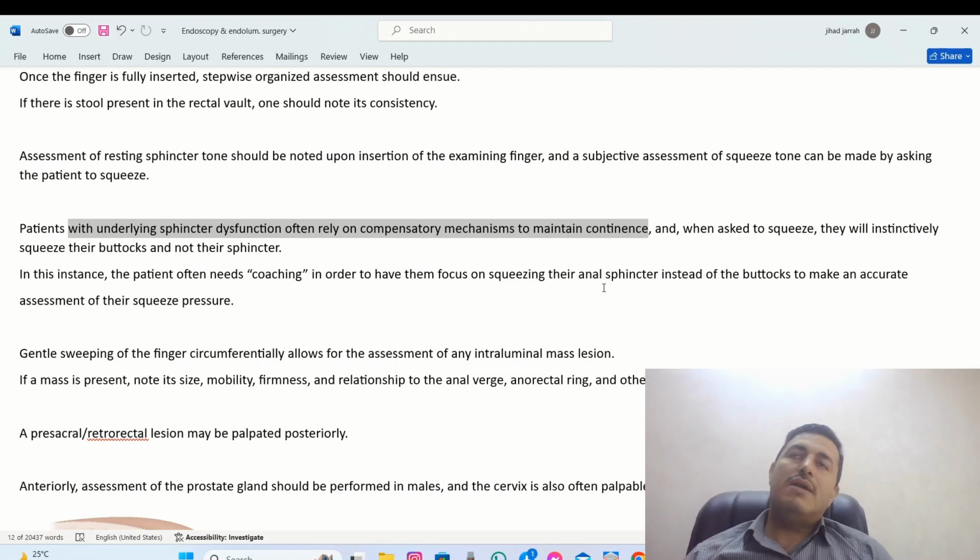These patients will have chronic constipation and abdominal pain, and you have to coach the patient how to depend on the sphincter mechanism rather than the pelvic muscle and buttocks. And you may proceed to biofeedback. We already discussed biofeedback therapy in a separate lecture. It's just training the patient how to use their pelvic muscles well.